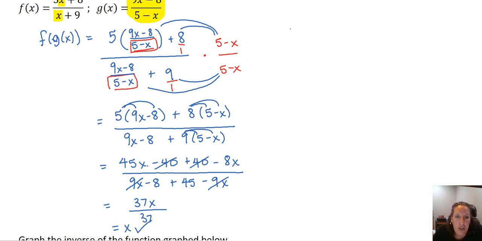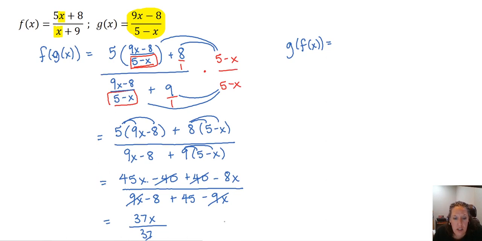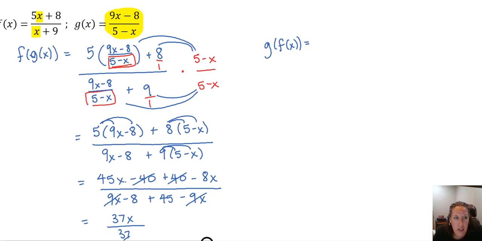And then let's check our other direction. G of f of x. Now we're going to plug in the other direction. So we're going to be taking our f of x and plugging it in for the x's in our g function.